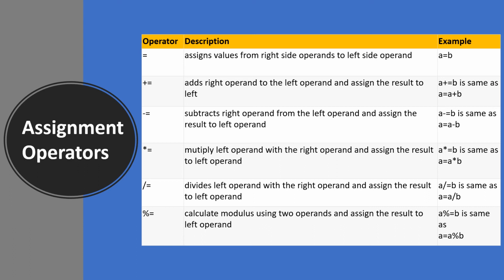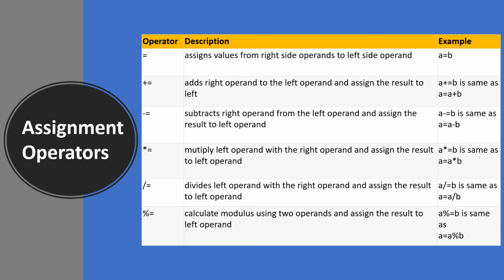Equal to operator assigns values from right side operand to left side operand. Plus equal to operator adds right operand to the left operand and assigns the result to left operand. Minus equal to operator subtracts right operand from the left operand and assigns the result to left operand.